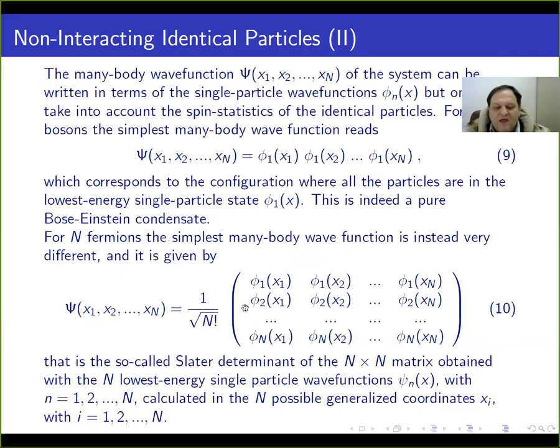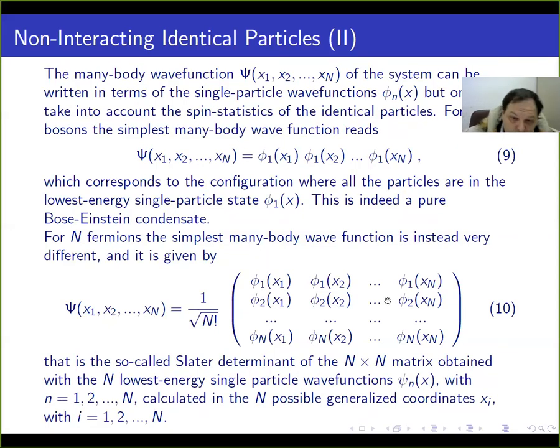In the second row, you have phi 2 x1, phi 2 x2, etc., up to phi 2 xN. And so on, and the last is phi capital N x1, phi capital N x2, etc., up to phi subindex capital N of x subindex capital N.